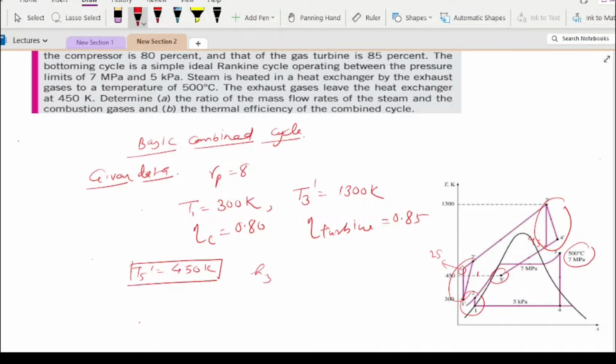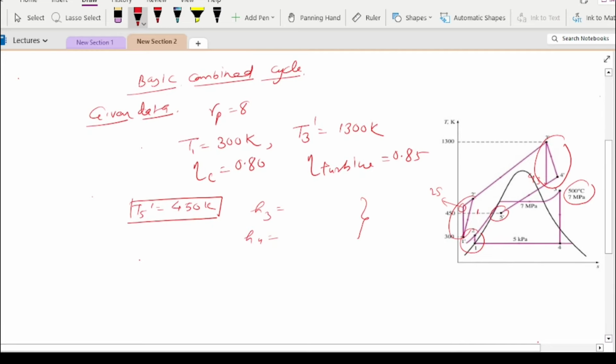Therefore, H3 can be determined from the steam table. H4 can also be determined from the steam table or Mollier chart by equating the entropy. Since 3 to 4 is an isentropic process, efficiency will remain the same.